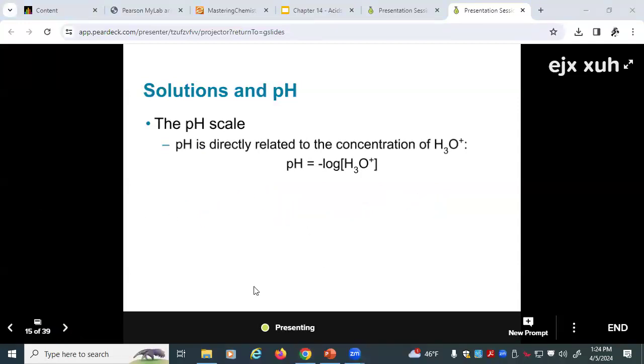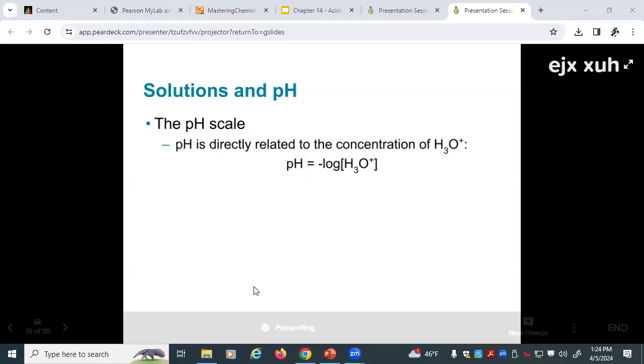Okay, so the bulk of the calculations, the bulk of the measurement that takes place with acids and bases focuses on the pH scale.